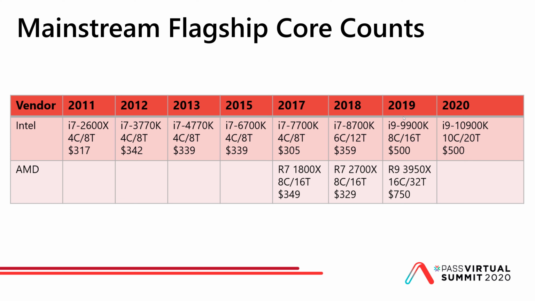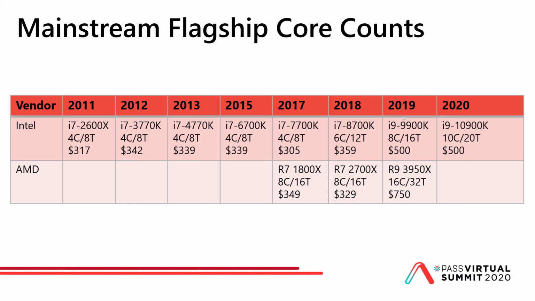And then in 2015 with Skylake, they still had 4 cores and 8 threads. They had an absolute monopoly on the desktop. And then finally in 2017, they did Kaby Lake, the Core i7 7700K, and that still only had 4 cores and 8 threads. And that was the best you could get from Intel in a mainstream platform.